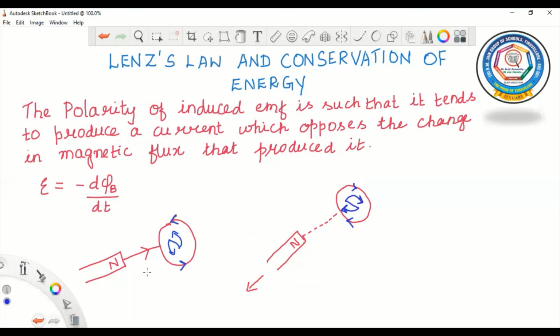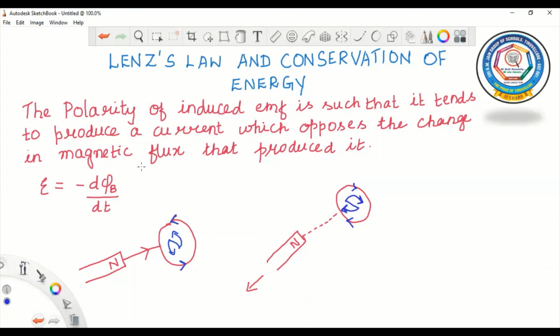So now once again, I'll repeat Lenz's law. According to Lenz's law, the polarity of induced EMF is such that it tends to produce a current which opposes the change in magnetic flux that produced it, either it may be increasing flux or decreasing flux.